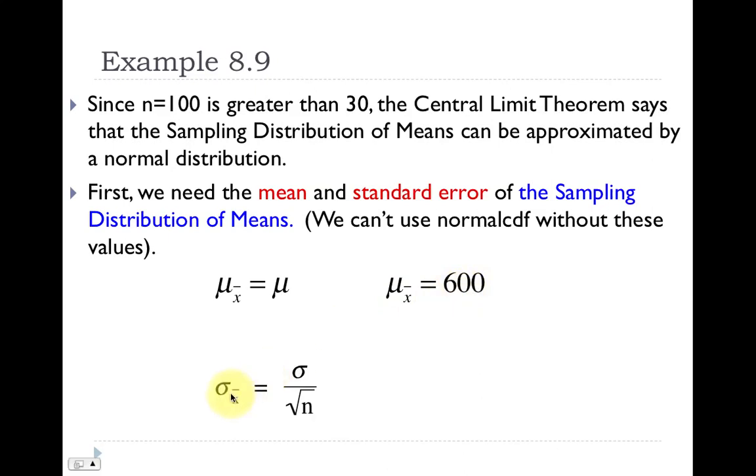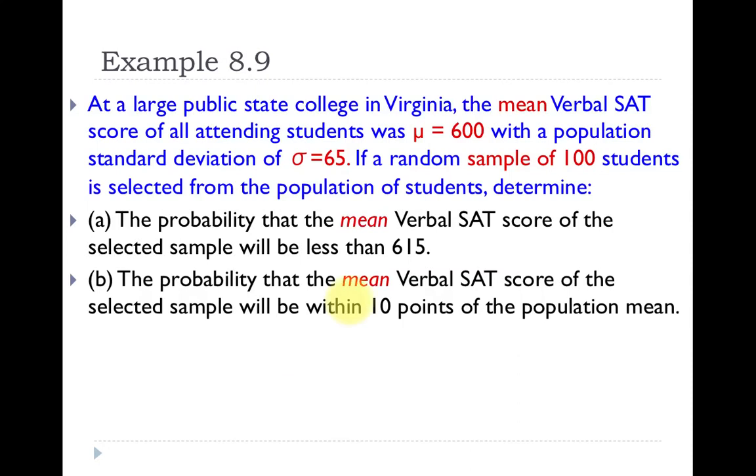The standard error, we are going to use the formula sigma divided by the square root of n. So the standard error, sigma subscript x bar, which is basically the standard deviation of all the sample means, is the population standard deviation divided by the square root of the sample size. So from last lecture, we did this on our calculator, and you could figure it out too. Sigma is 65.